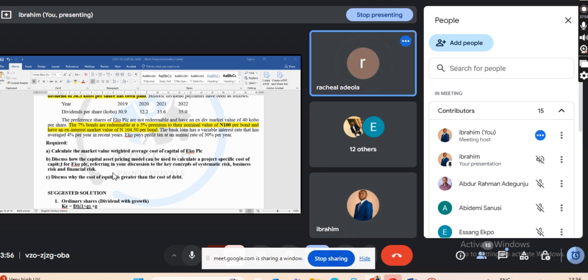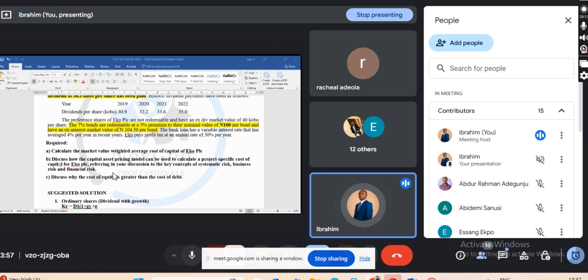So let's say market expectation. The cost of equity is influenced by market expectation. Interesting. I love that. And there's a tax relief for cost of debt. In cost of equity, there is no tax relief, right?